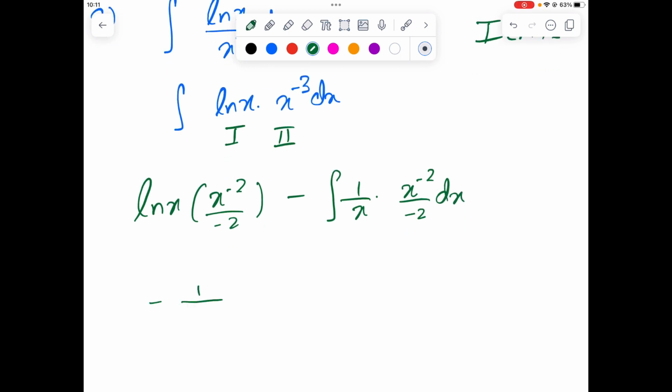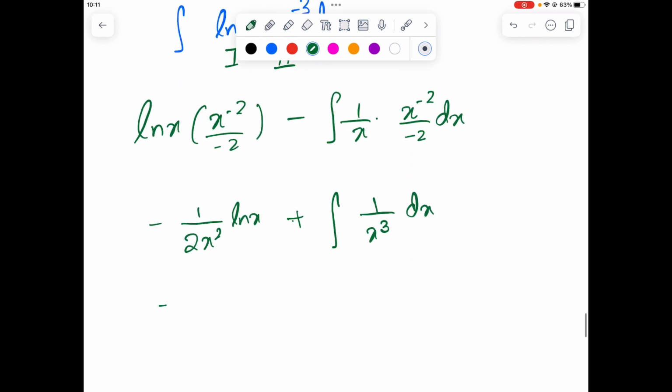So it is negative 1 upon 2 x square ln x. Then minus times minus is plus 1 upon x power 3 dx. So it becomes minus 1 upon 2 x square ln x plus integral of x power minus 3 dx. But the 2 is there, don't forget to write 1 upon 2.